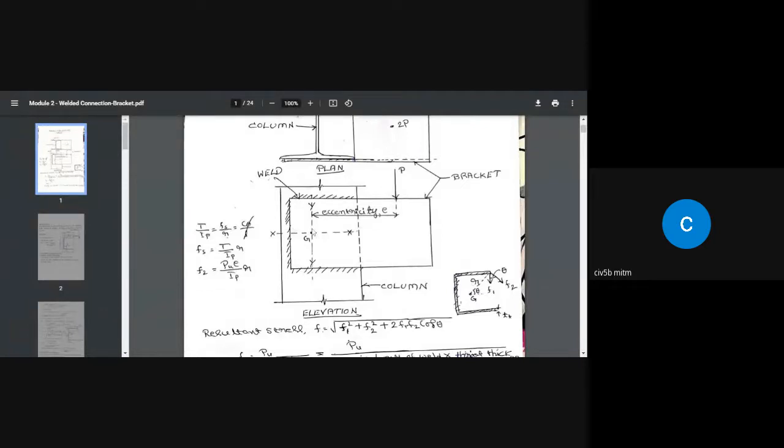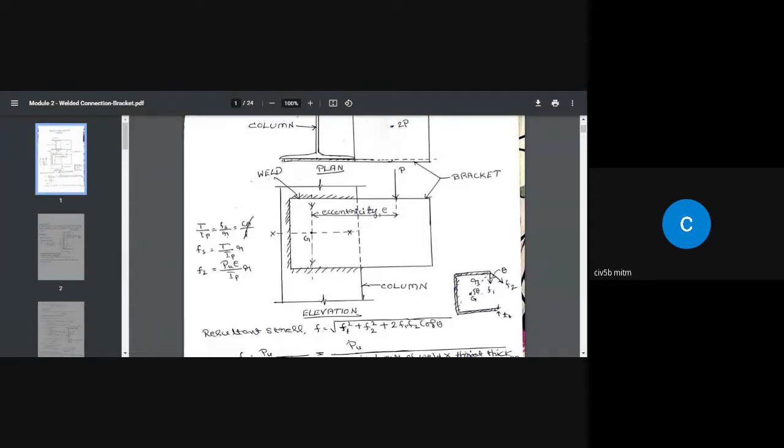Once we find that distance, there you draw a vertical line. Where these two lines meet is the centroid of the weld. From the centroid of the weld to the line of action of the force, you draw a perpendicular line. That perpendicular line is the eccentricity of the load.